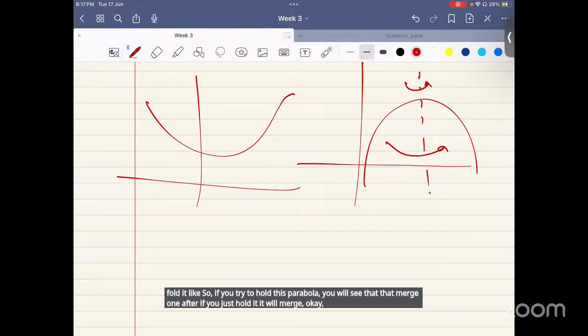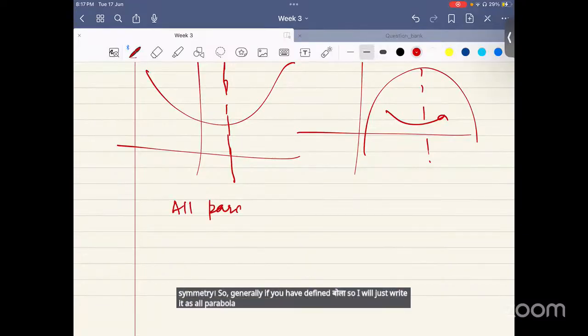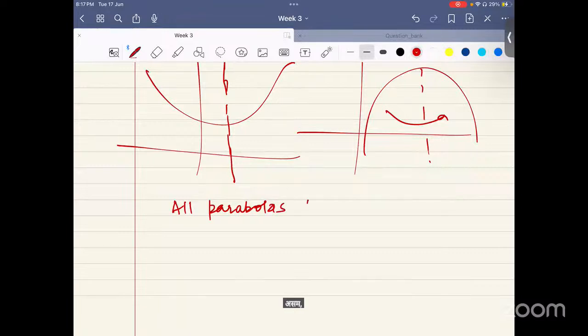Similarly, for this parabola that is going upward, you must have one straight line that you call the axis of symmetry. So generally, I'll just write it: all parabolas have an axis of symmetry.